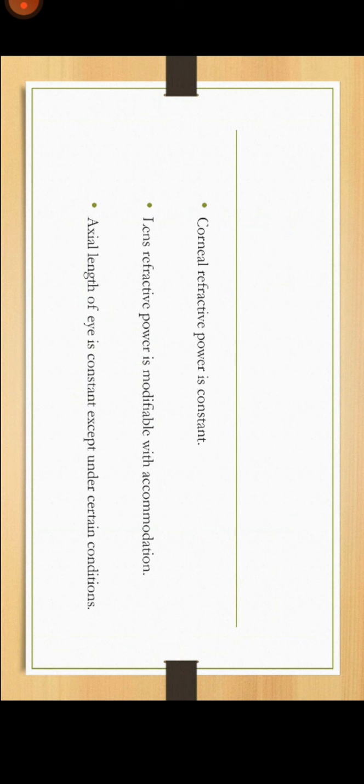Then the corneal refractive power is always constant. Normally the lens refractive power is modified with the accommodation. The axial length of the eye is constant except under certain conditions. Some of the surgical management options are radial keratotomy, photorefractive keratectomy, and laser assisted in situ keratomileusis, otherwise called LASIK.